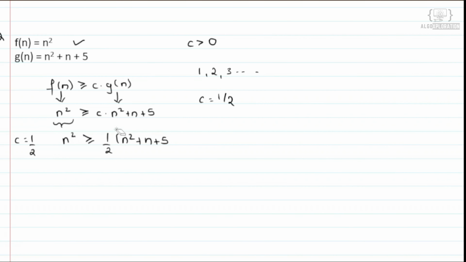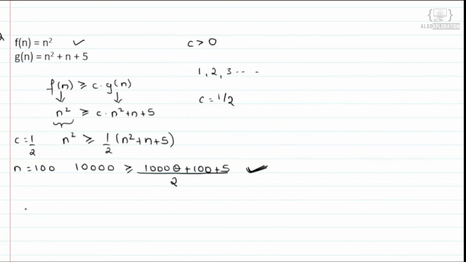Now let's take n as 100. So this will be 10,000 is greater than or equal to 10,000 plus 100 plus 5, divided by 2. Now this will satisfy the equation.